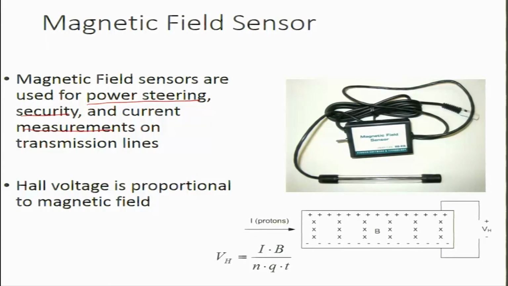The basic principle is the Hall effect, which is the production of a potential difference across an electrical conductor. In this case, you can see that there are groups of positive and negative charge layers accumulating on both sides, and this happens particularly when a magnetic field is applied in a direction that is perpendicular to the flow of current.